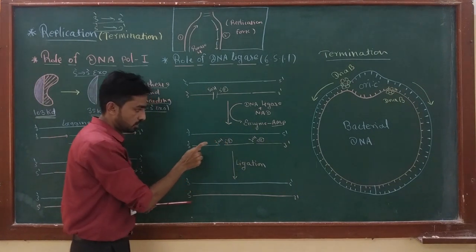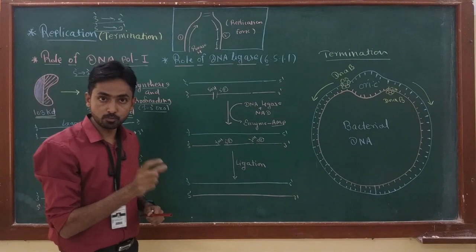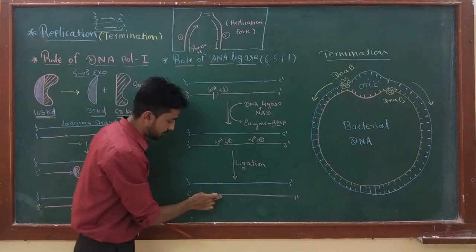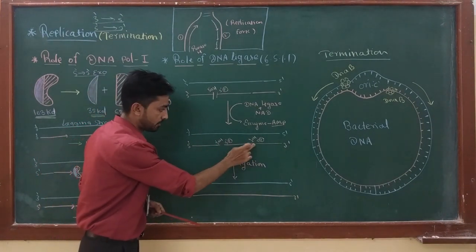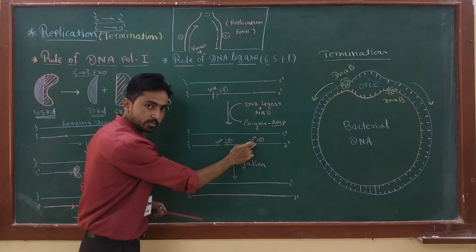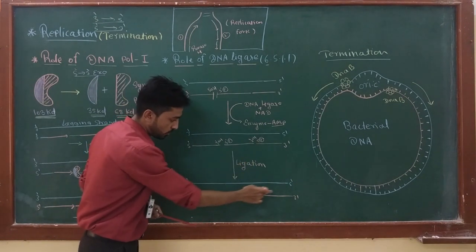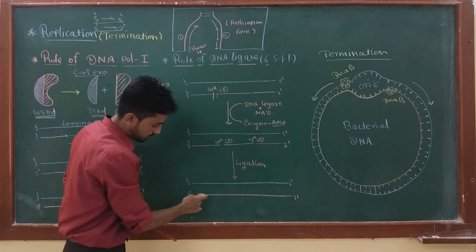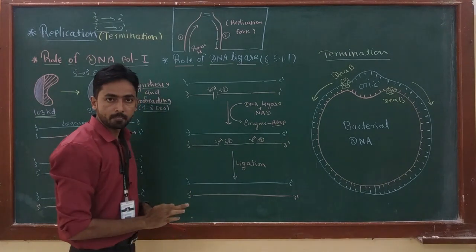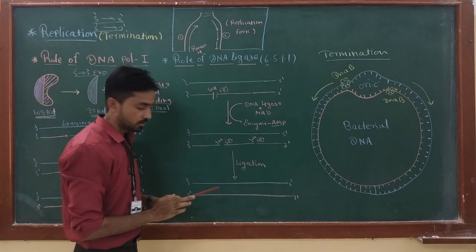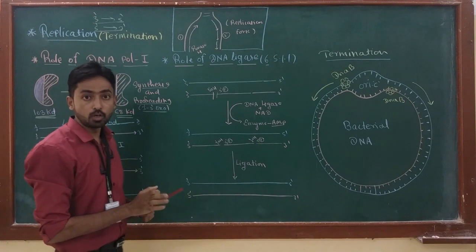In this bond, a phosphodiester linkage is produced that fills the nick. The same reaction happens at the nicks of different Okazaki fragments. So finally you get a new lagging strand which is intact, and it is very similar to the old DNA.